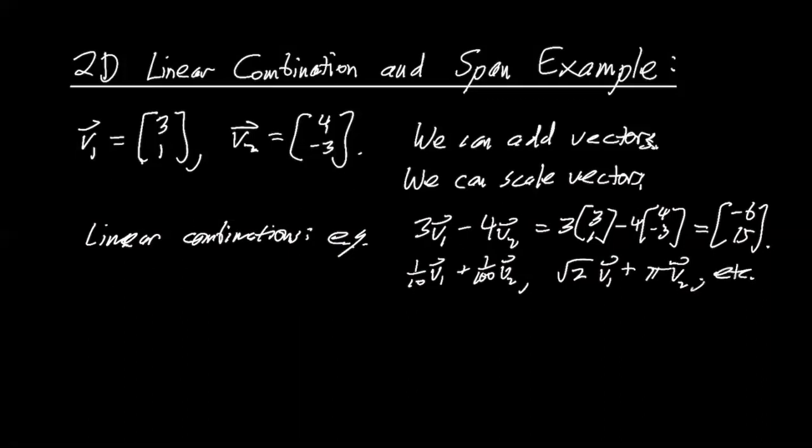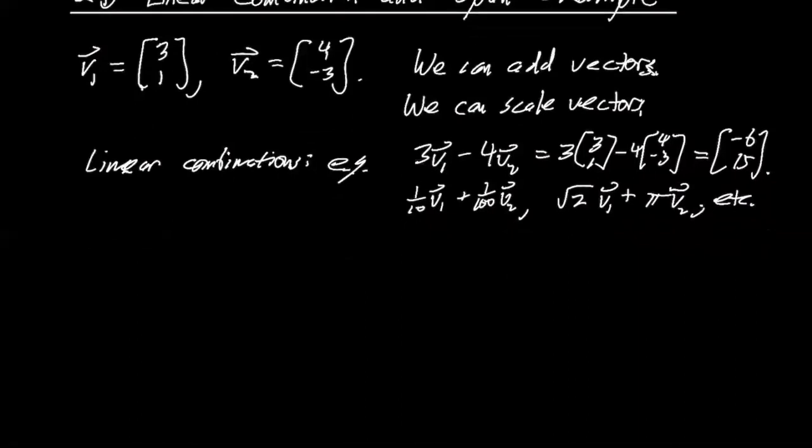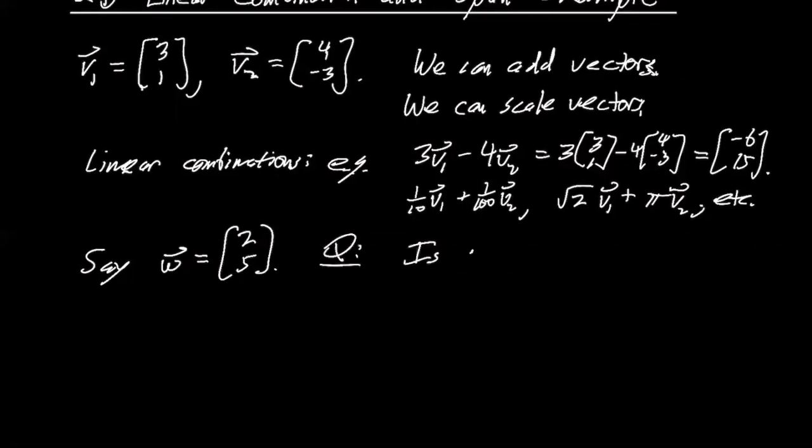Okay, but the more interesting question in terms of linear algebra is if I give you a specific vector, like say w is the vector 2, 5, you could ask the question, is w a linear combination of v1 and v2?